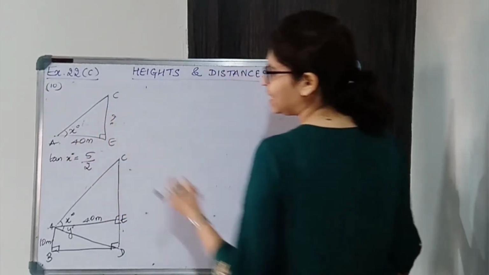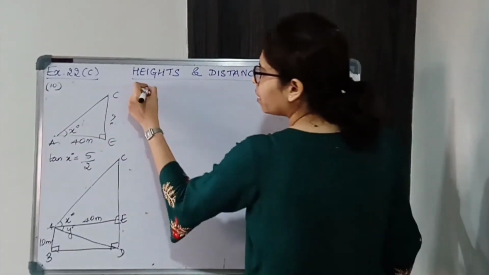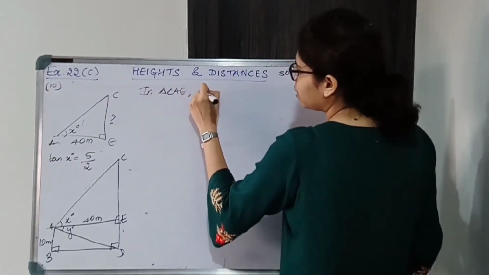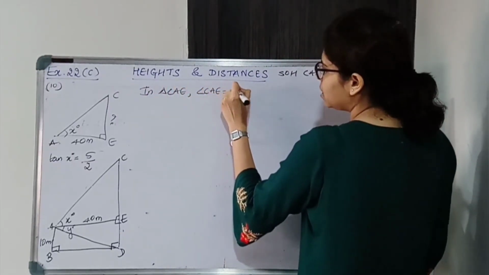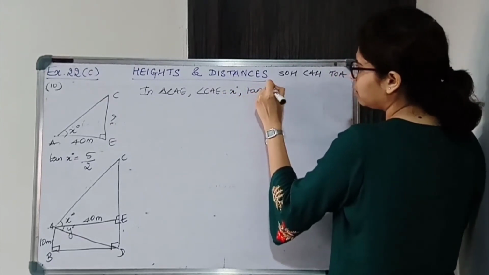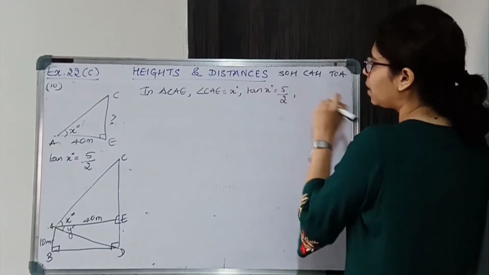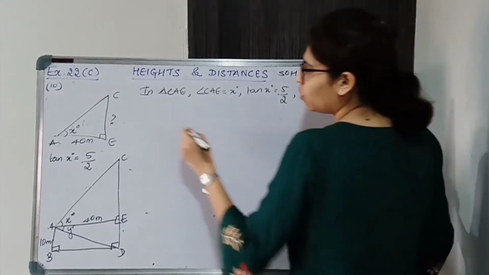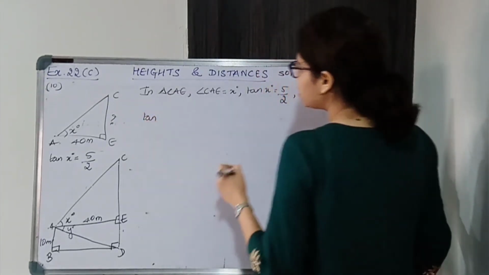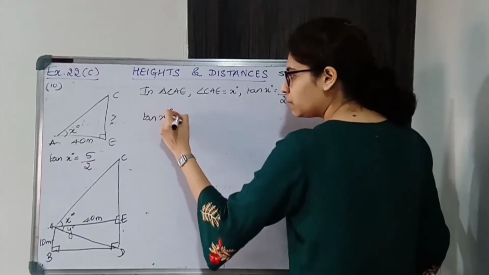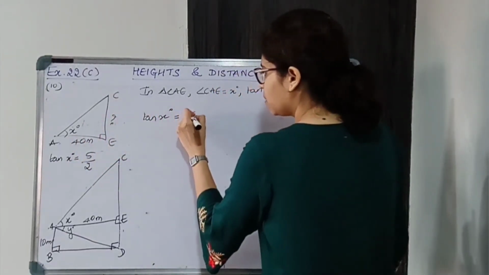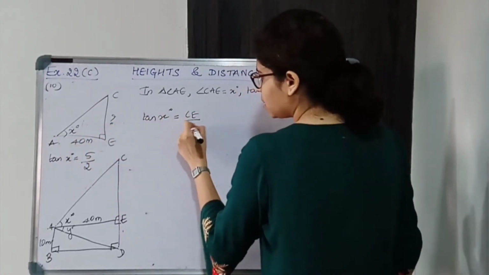We need to find CE. Okay, so in triangle CAE, angle CAE is equal to x degrees. Tan of the angle is 5/2 and AE is equal to 40 meters. Now tan of the angle is given, so consider that only. What is tan of the angle? Angle's opposite side, that is CE, upon angle's adjacent side, that is AE.